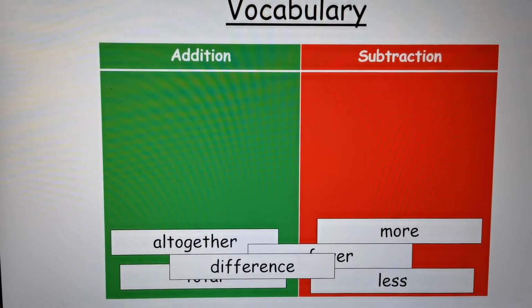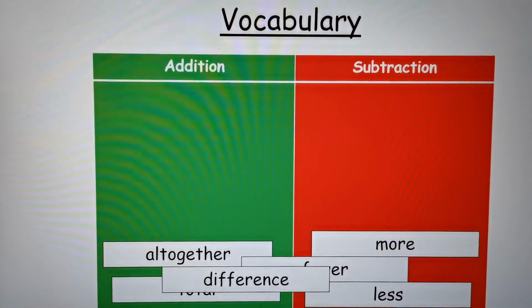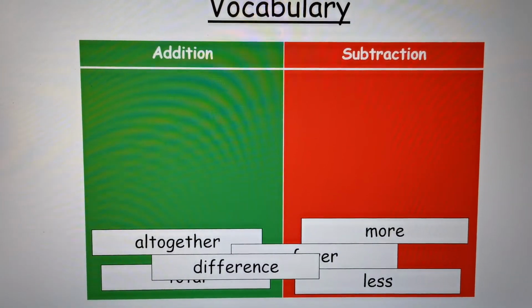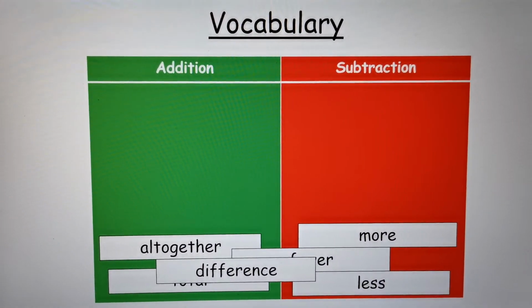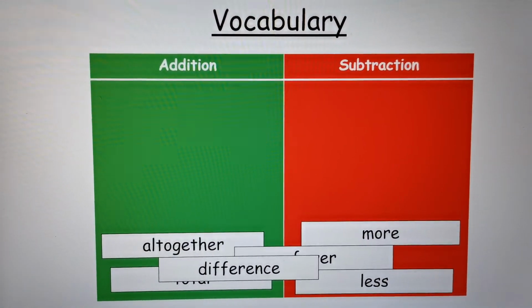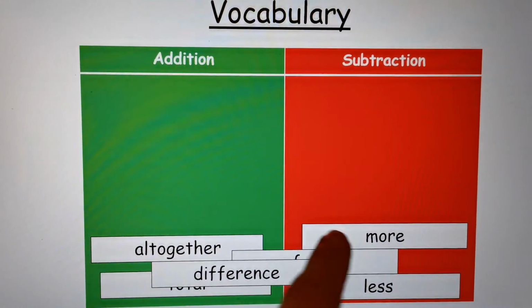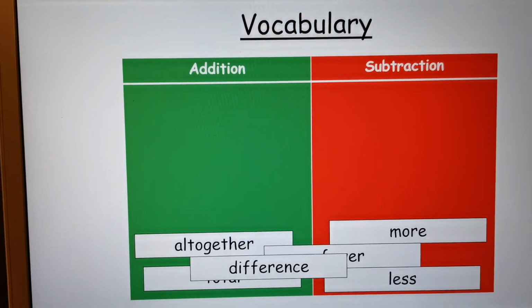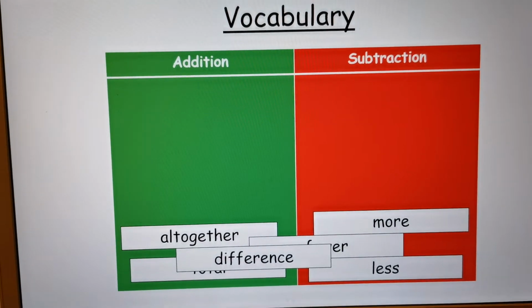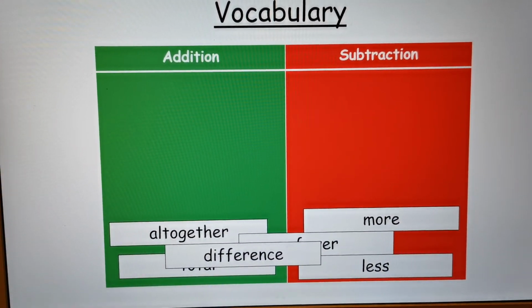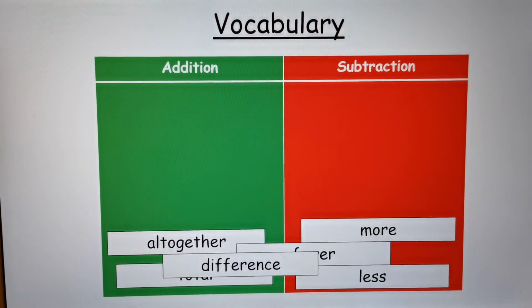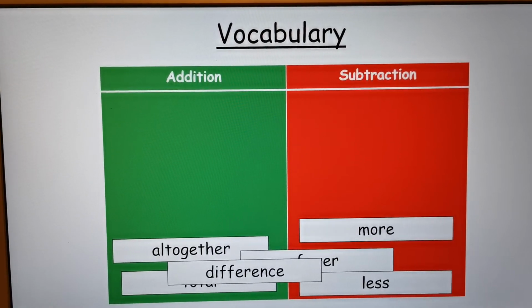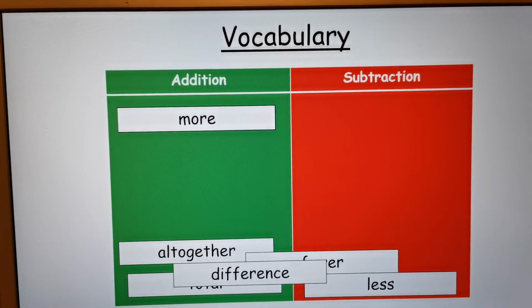brainstorm on what words tell us when we're going to add or subtract when we're doing these word problems. All right, so let's look at the first one. Oops, no, I think the first one is more. When more is in a word problem, are we usually going to add or subtract? Okay.